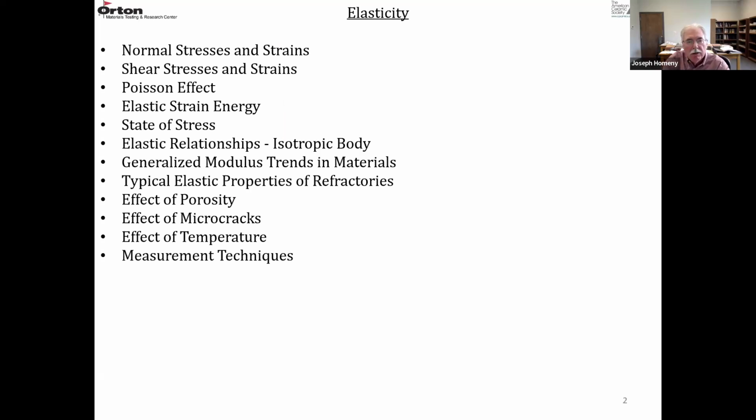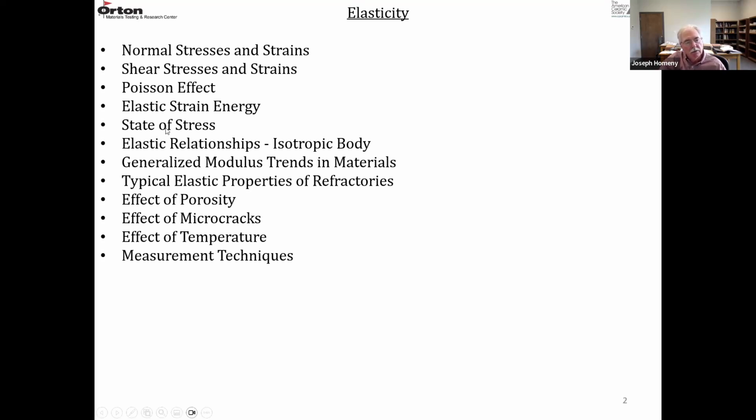So today we'll do elasticity. I'm not sure if we'll get through all of it. It's a pretty long lecture, but we'll define normal stresses and strain, shear stresses and shear strains, the Poisson's ratio. We'll look at stored elastic strain energy because that's the driving force for fracture.